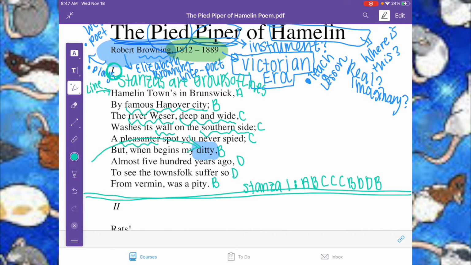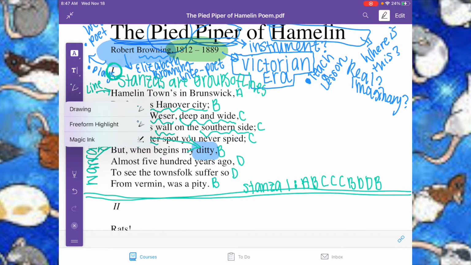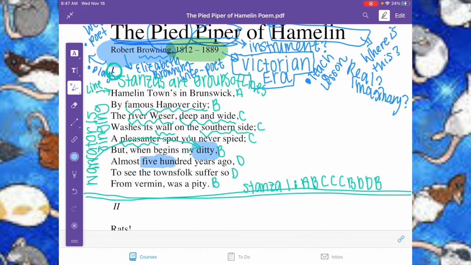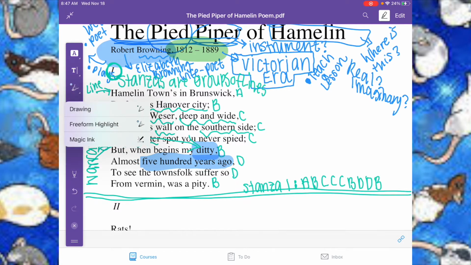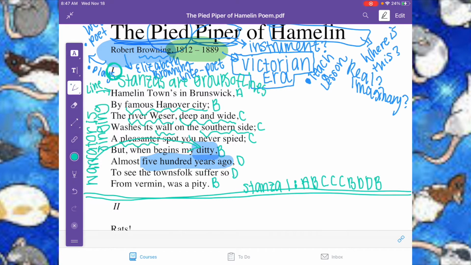So here our narrator is singing this. Singing us a tale, and we see here that this was 500 years ago, the setting. So the setting is in the past. This is taking place past tense. So we're going to put that somewhere.